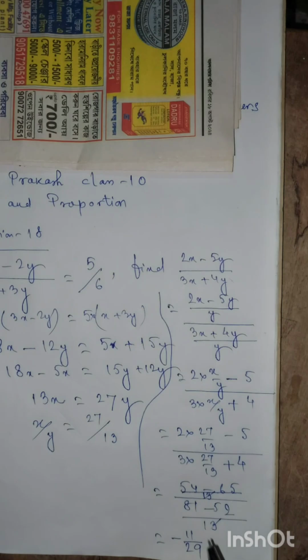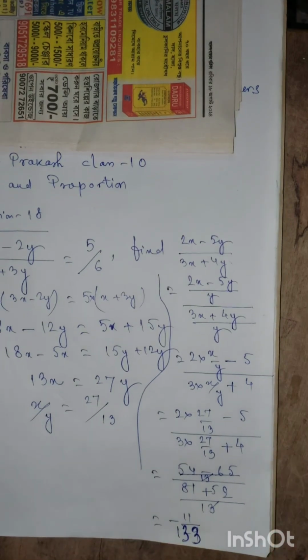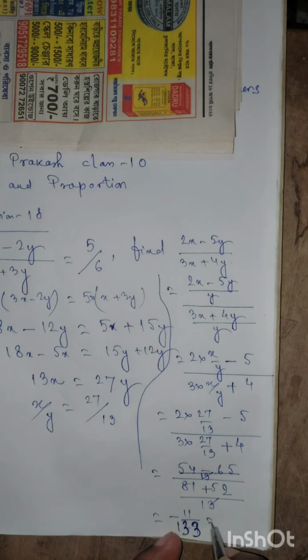This is plus. So it will be 3 plus 13, 133. So this should be our answer. One term of a ratio can be negative. Okay, so the value is minus 11 is to 133.